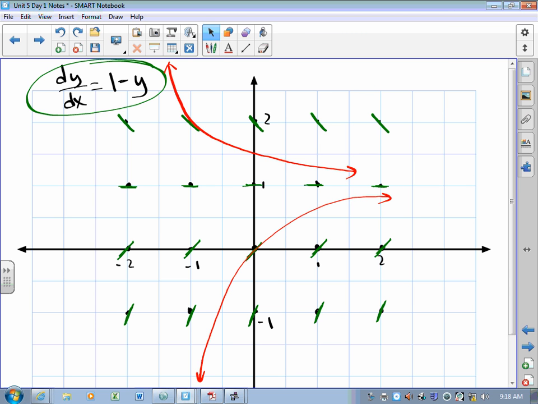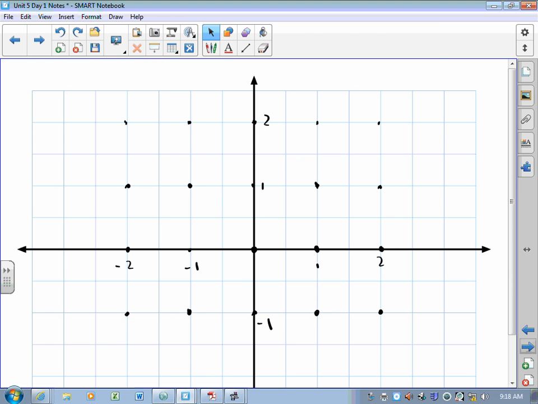And sure enough, we can solve that, or we will be able to by the unit's end, and we can confirm that those are the kinds of curves that you get dictated by the slope field. Okay, one more, maybe two more, depending on our time. So what if that's the case? What kinds of functions will we get?